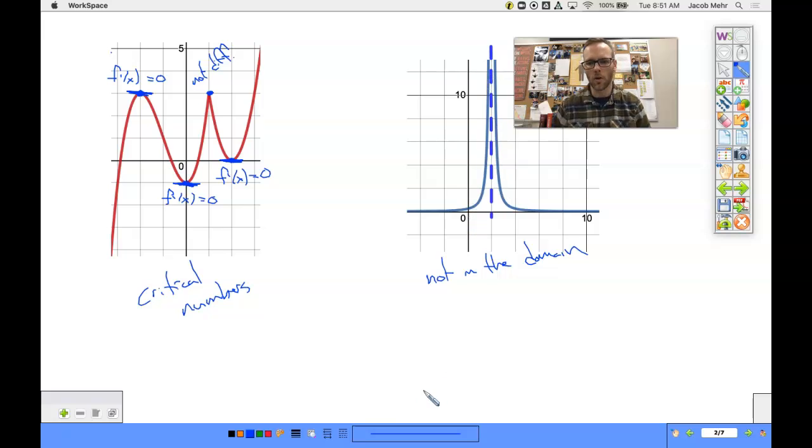Now that could also happen. I could have a graph like this, and it might have a hole here, and it could come down like this. So it changed from increasing to decreasing at a hole. So there was no critical point there. So it's also going to be important for us to identify values that are not in the domain.